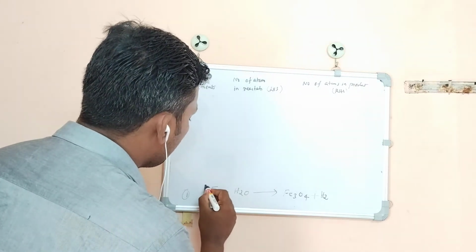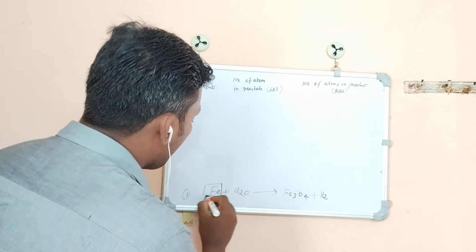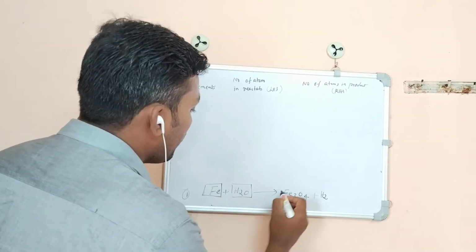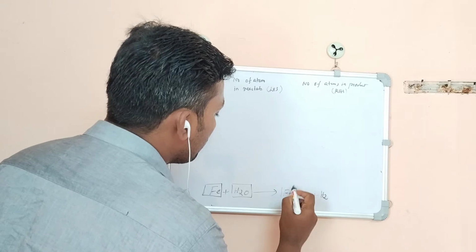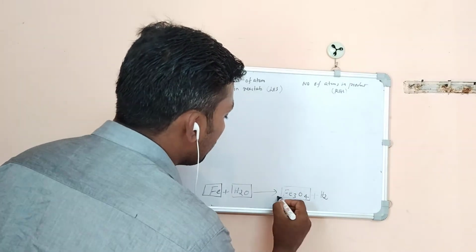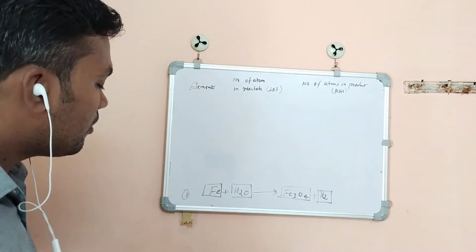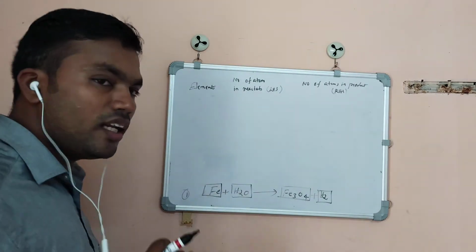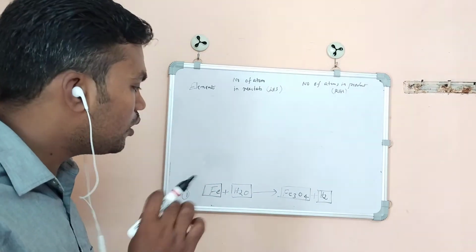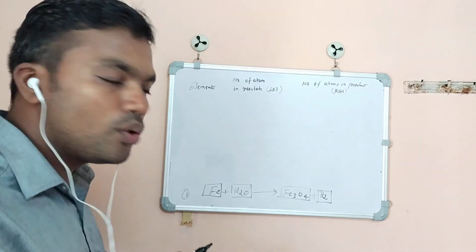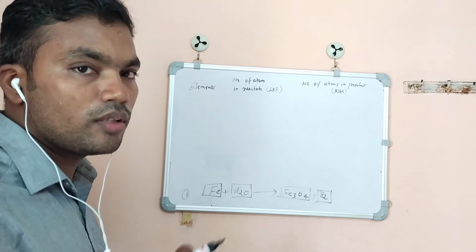Okay, first draw the box around each formula. The first step is draw the box around each formula and do not change anything inside the box. Don't change or alter anything inside the box.